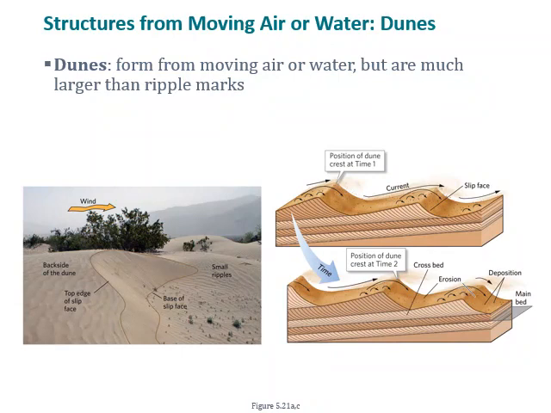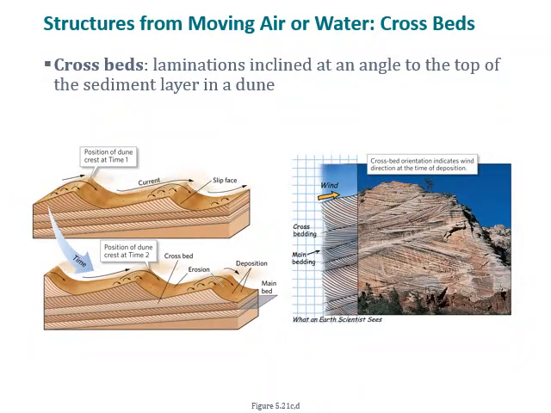Another structure from moving air or water is crossbeds. Crossbeds are laminations inclined at an angle to the top of the sediment layer in a dune. You can think of crossbeds really as the cross-section of dunes. So here we're seeing the crossbeds in the schematic and in a real-life photograph at a very large scale.